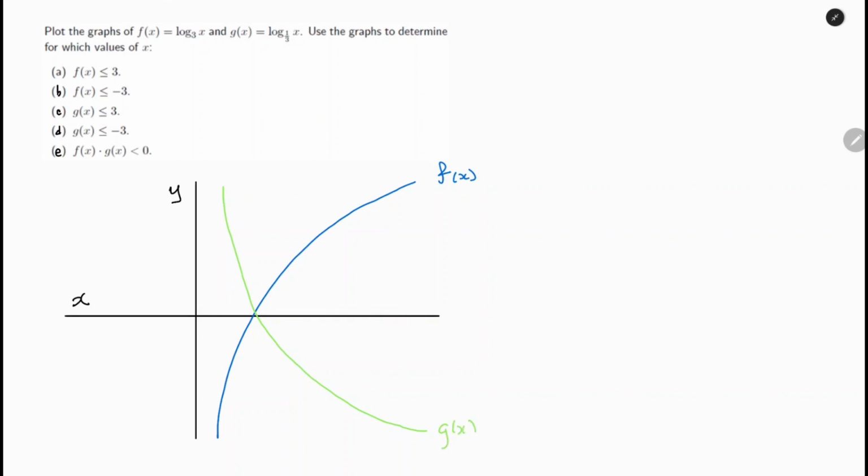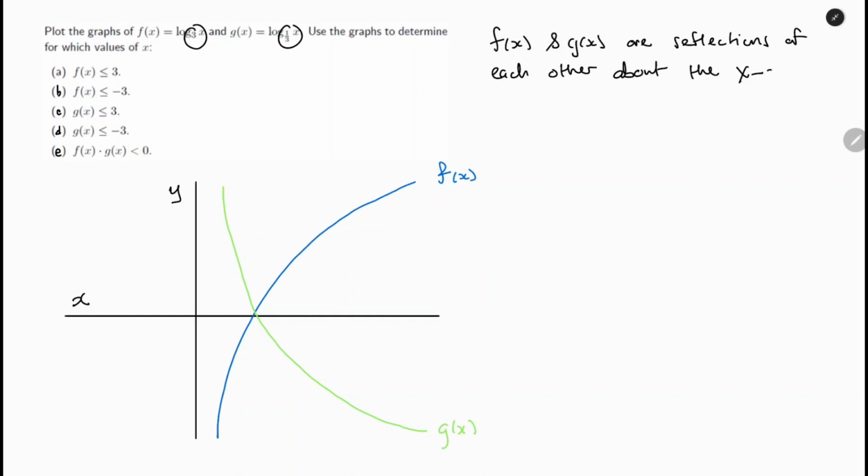Right, so one thing I want to point out when we begin: for f of x the base is 3, and for g of x the base is a third. A third is of course the inverse of 3. So f of x and g of x are reflections of each other about the x-axis.